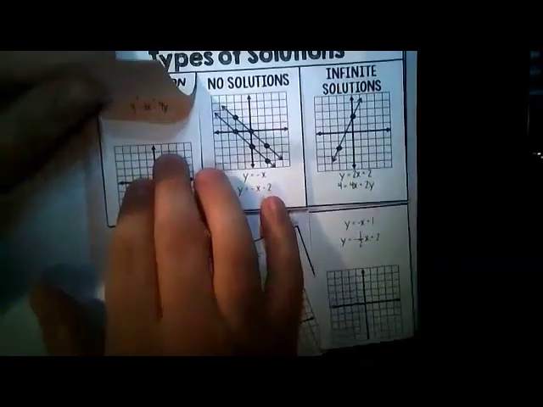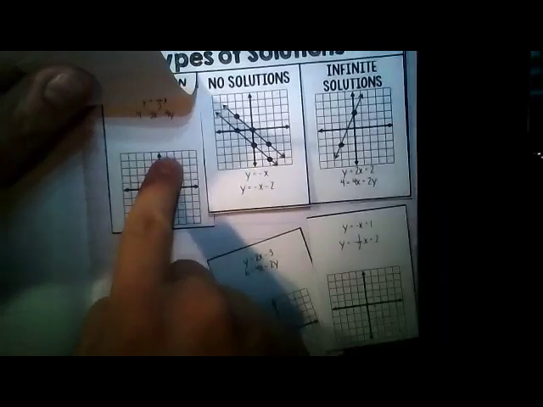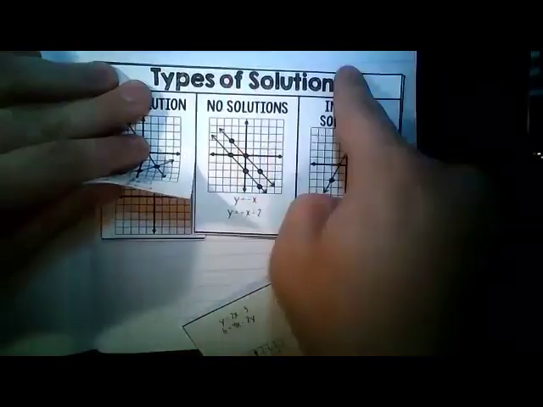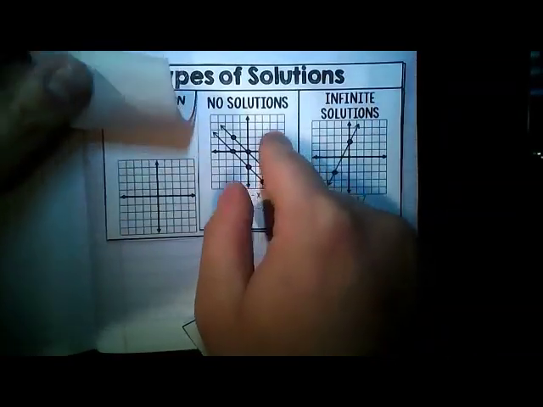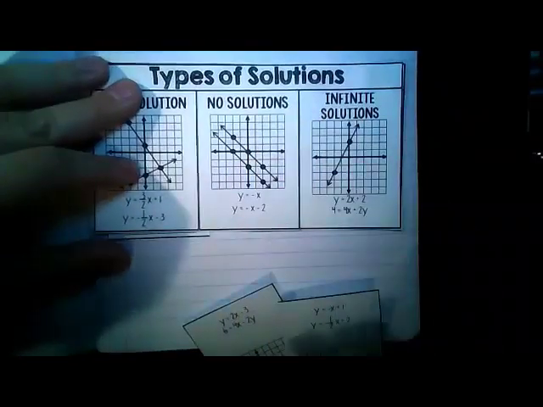So if this one here is a one solution equation, you would put it under here. And you'd glue that down. And we're going to glue the top tab down. Okay, and then they'll flip up and you'll have an example.